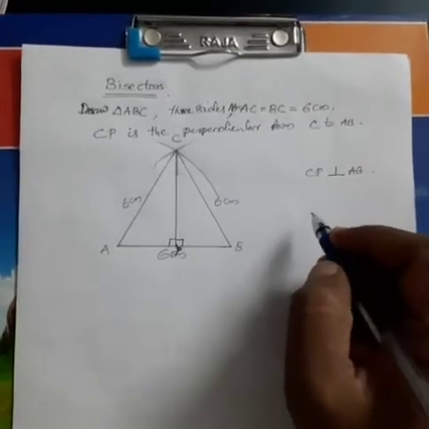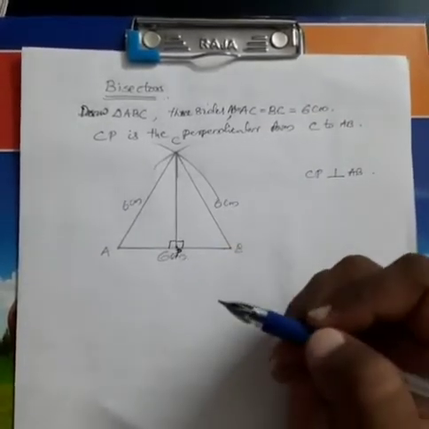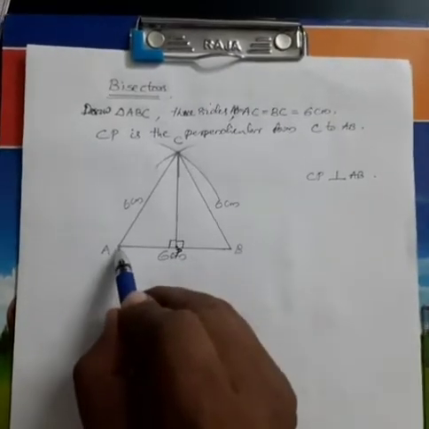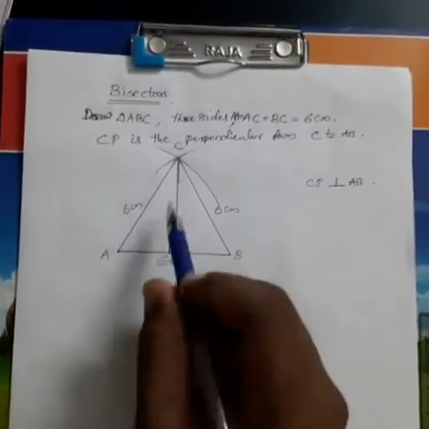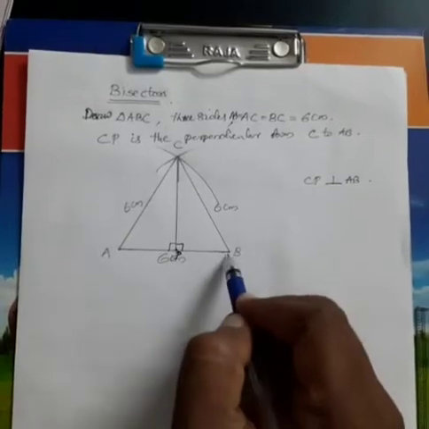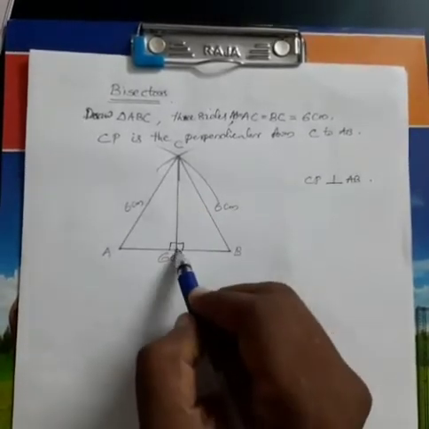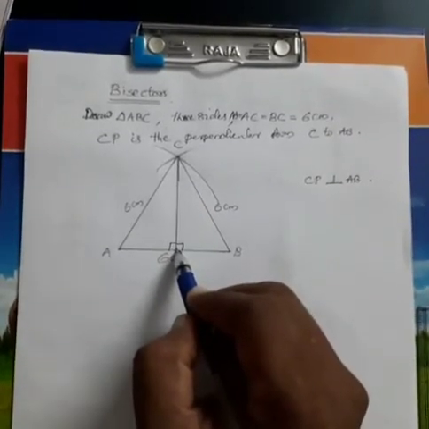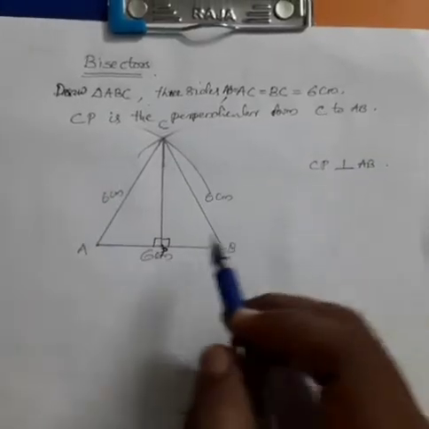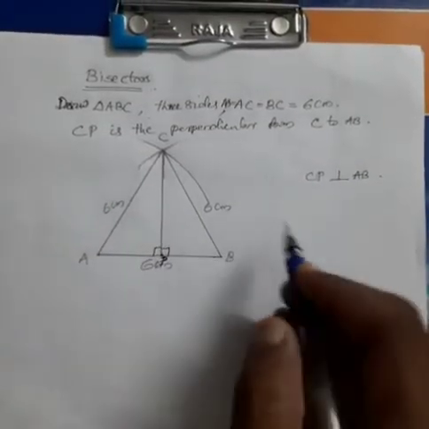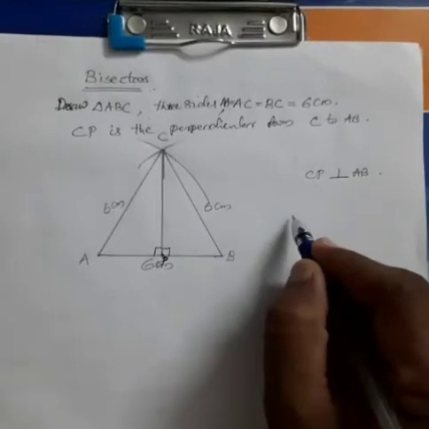Then we can write here two triangles you got. Triangle ACP and triangle BCP. So from both the triangles, which are the similar sides?